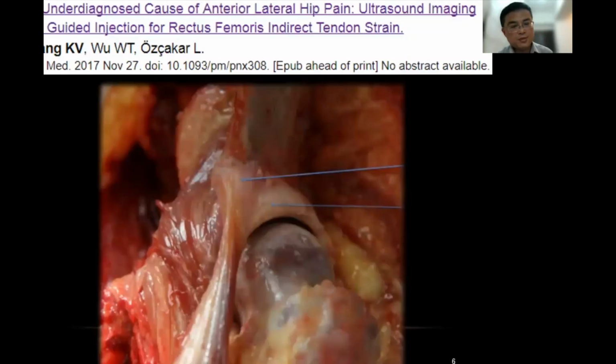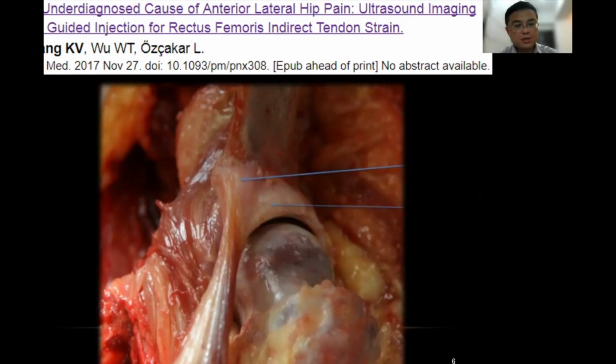And when patients complain of anterolateral hip pain, there is a structure that we have to take into account. So we know the rectus femoris tendon has two heads, at least two heads. One is the direct head inserting on the anterior inferior iliac spine, and the other is the indirect head inserting on the acetabulum.